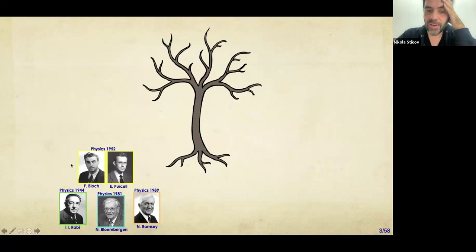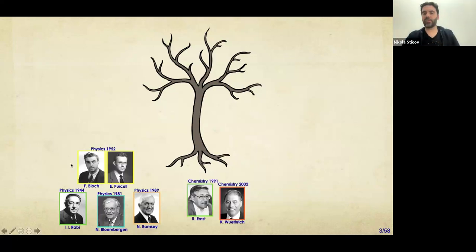But then there's also the Nobel Prizes in chemistry. And in particular, there's Richard Ernst and Kurt Wüthrich. Those awards came a little bit later, but they were basically for developments that had to do with NMR, nuclear magnetic resonance, back when we were still not doing images, we were only studying the spectroscopic makeup of molecules.